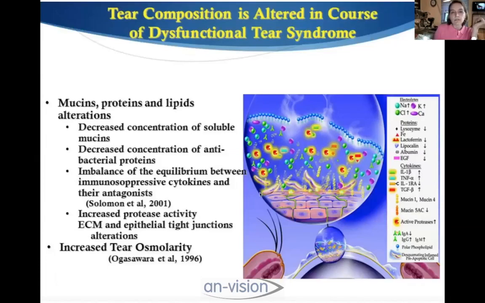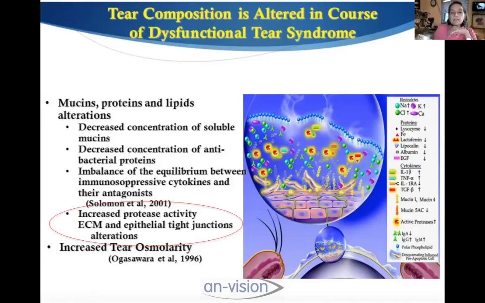And not only have you a decreased concentration of antibacterial proteins, a decreased concentration of soluble mucins, but also what I think you have to take into account, we have an increased protease activity that will work on the extracellular matrix and will work on the epithelial tight junctions and cause alterations there. And that leaves you more imagination why, for example, brachycephalics get central ulcerations without any cause.